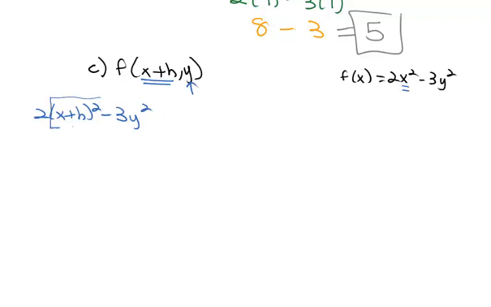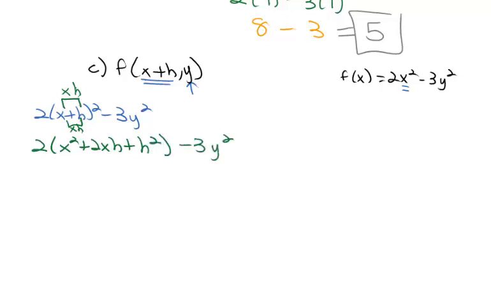Now we have to square the binomial. Remember, we cannot just distribute the squared through. That's x squared plus xh plus xh is 2xh plus h squared, minus 3y squared.